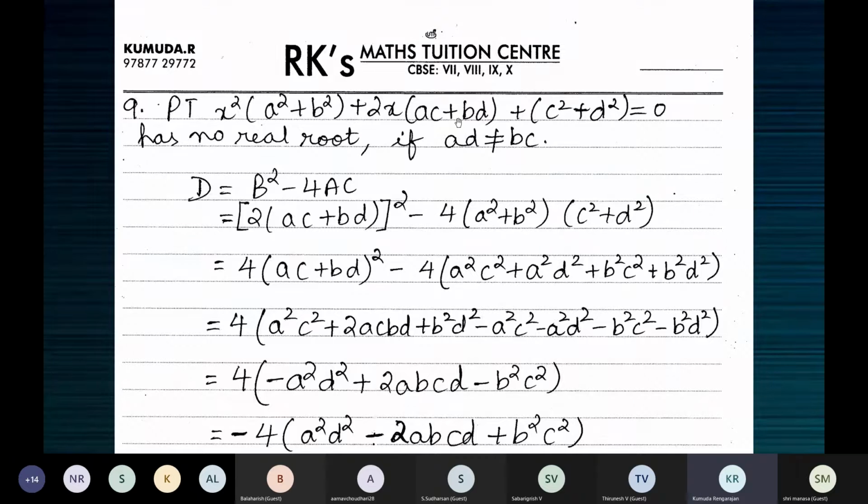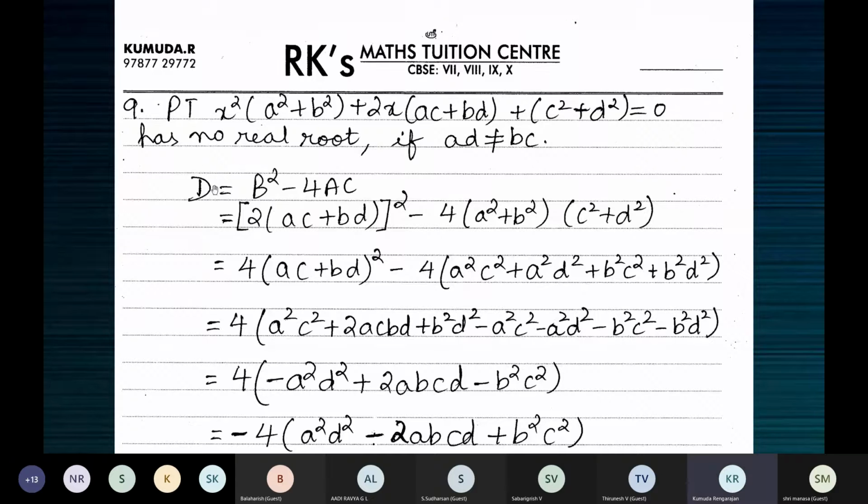That means you must prove that the discriminant D is negative. Only then you can say it has no real roots. You need to prove that the value of D is less than 0.